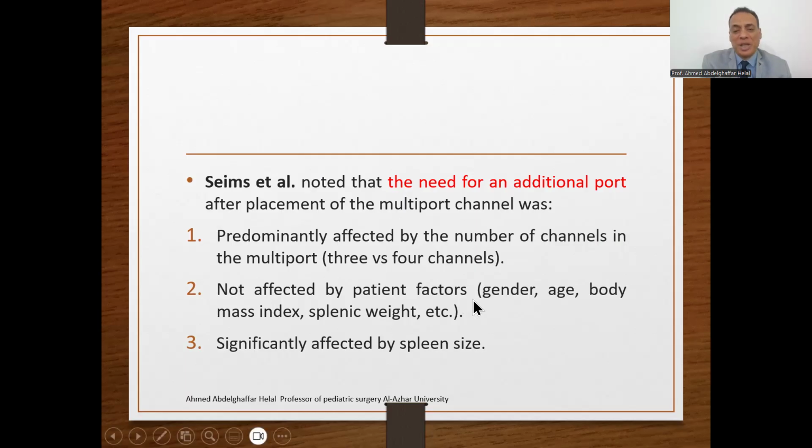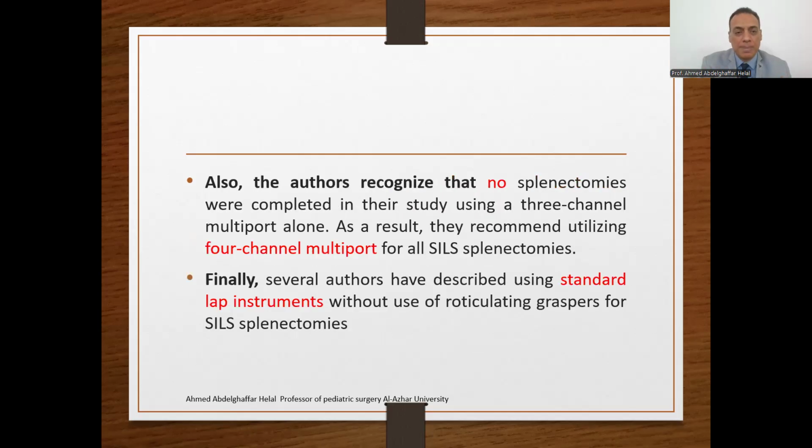It is not affected by patient factors such as age, body mass index, or weight. However, it is significantly affected by spleen size. So it is a study about the use of an additional port beside the single port.